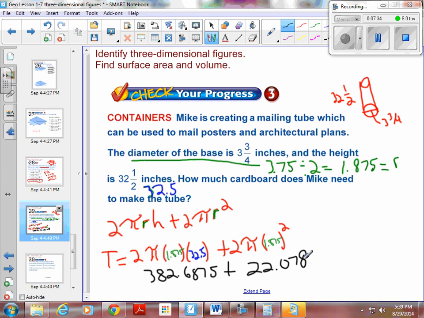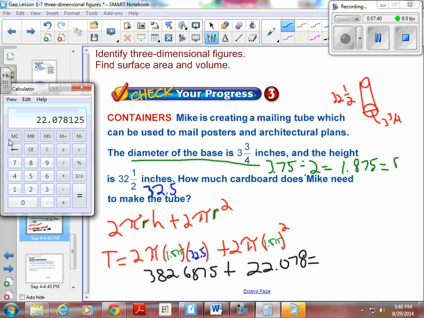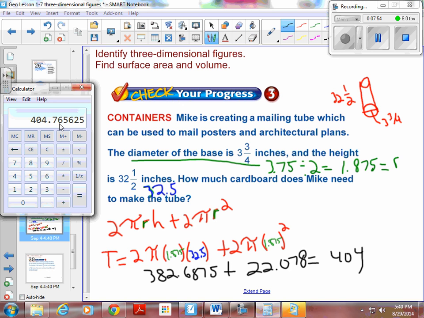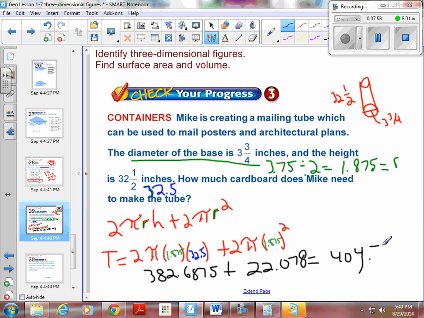Okay, then we want to add those two numbers together, right? Multiplication comes before addition in the order of operations. So we're going to take that number and add it to 382.6875, and we end up with 404.7656.